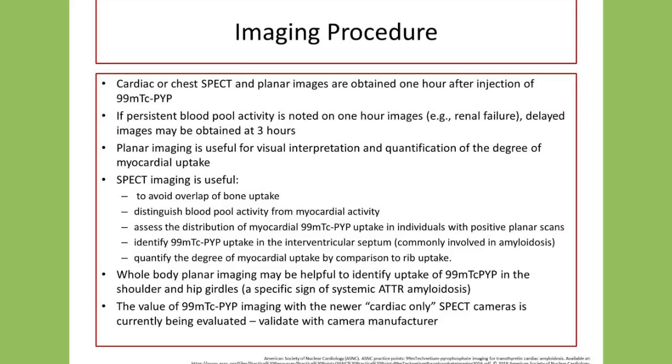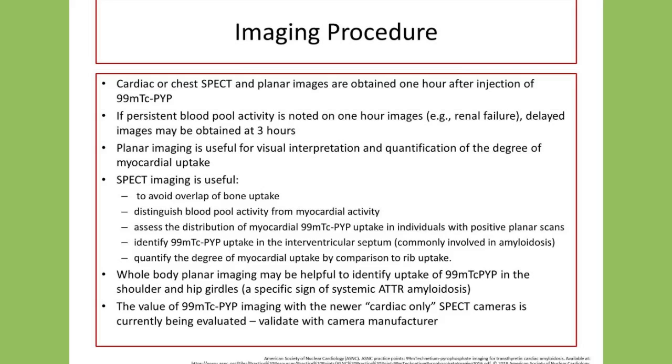That can be a specific sign of ATTR being systemic rather than just isolated to the myocardium. And a lot of questions we get are about whether this can be performed on the newer types of SPECT systems. The answer is, if you have a solid state system or one of the newer non-traditional SPECT cameras, the best answer I can give you is there's lots of work going on right now with all the manufacturers.